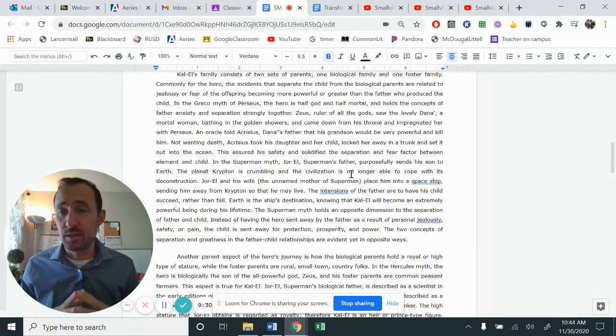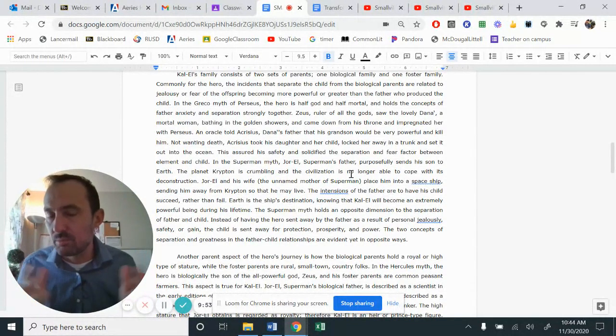Kal-El is sent to Earth in order to save his race, because his planet is being destroyed, and so he's sent away by his biological parents. His biological parents are part of government. They're very intellectual. They're deemed as royalty almost.